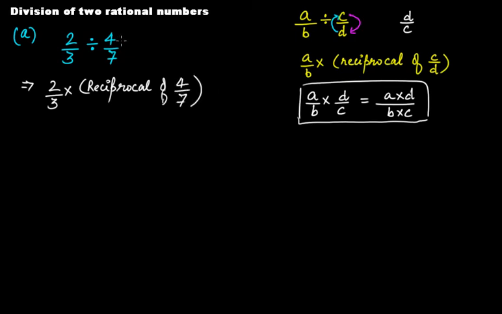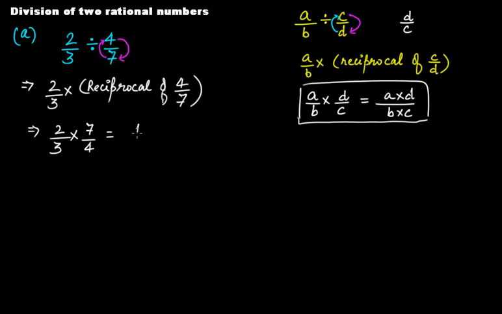So reciprocal of 4 over 7 means what? 4 will go at the place of 7, that is numerator becomes denominator and denominator becomes numerator. So this gives you 2 over 3 times 7 over 4.